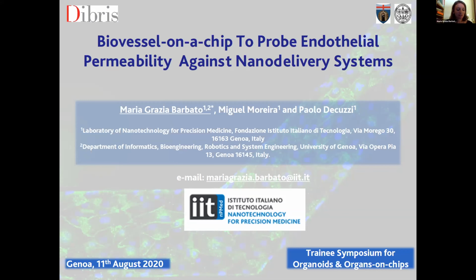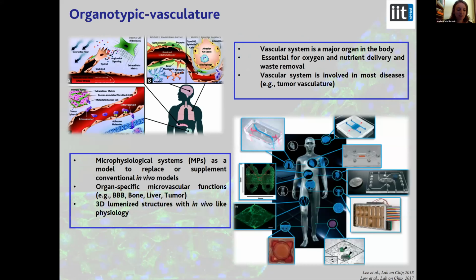So basically, the vascular system is composed of an intricate network of macro and micro vessels, representing one of the major organs in our body. Vasculature is responsible for the efficient exchange of oxygen, nutrients, and waste within and between our tissues. Endothelial cells that line the vessels act as a selective barrier for immune cells, nutrients, oxygen, hormones, ions, and also, for example, drugs and nanoparticles.